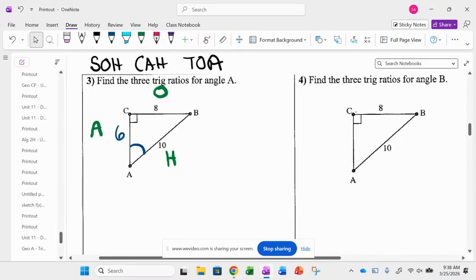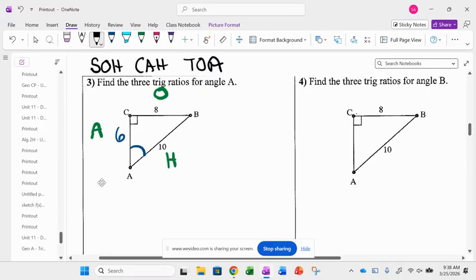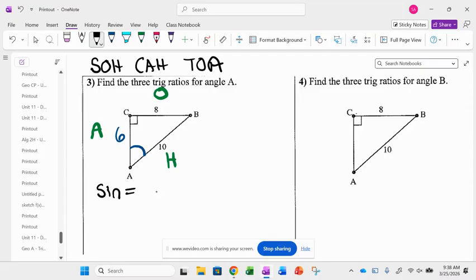Sebastian, when I go to set this up and I have to write out the sine, am I allowed to just write sine equals and write the answer here? No. What's missing? The angle. Which angle are we talking about? So go back and read the directions. What does it say?